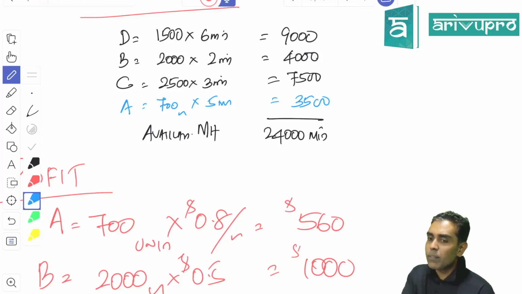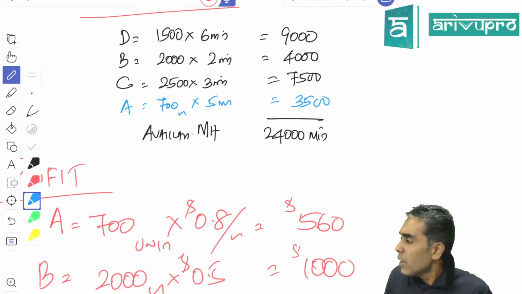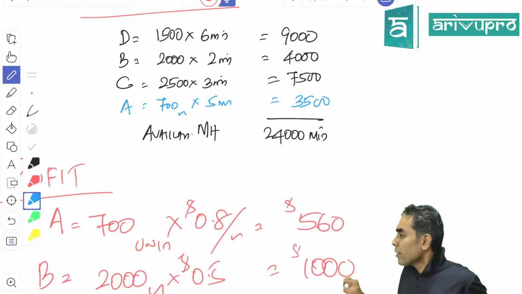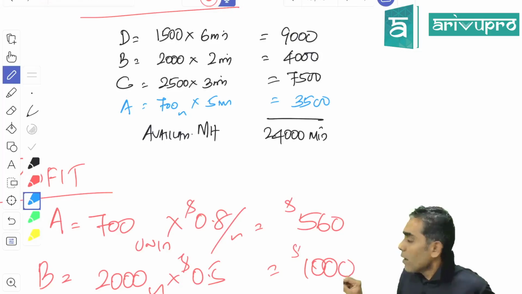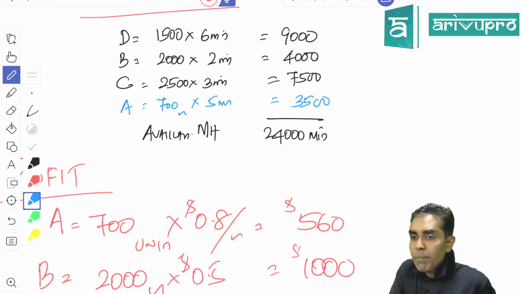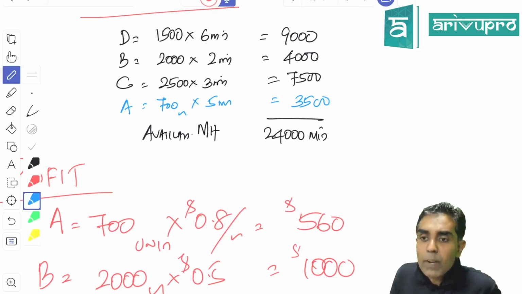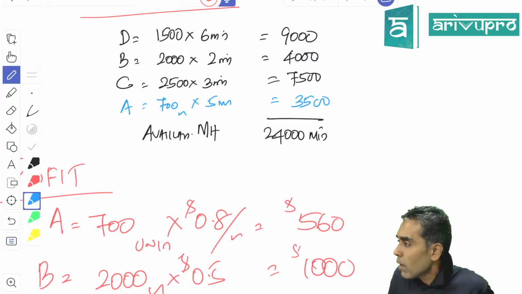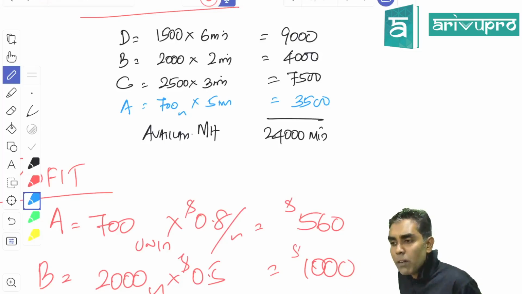In the short run, you should live with a constraint. But in the long run, all these constraints should be eliminated, because you can't keep on doing business always with a constraint.